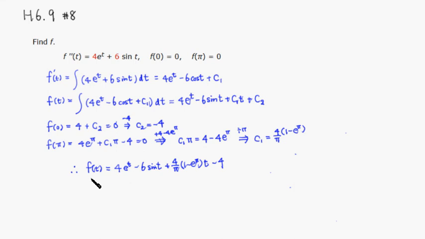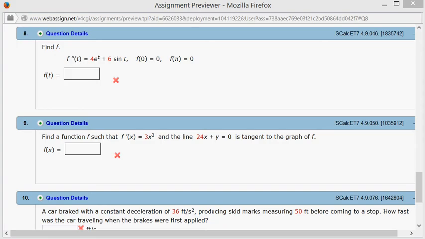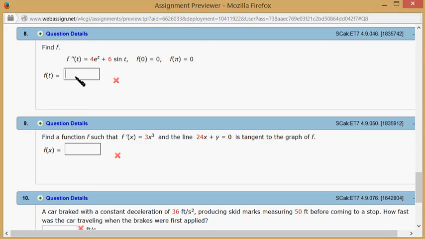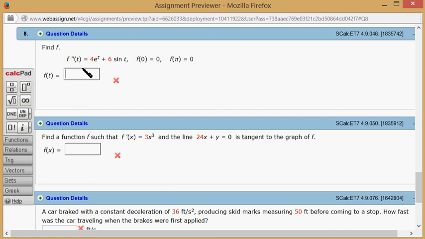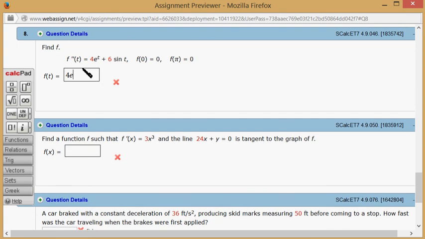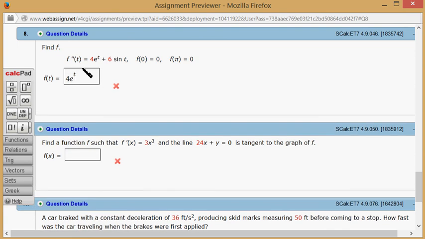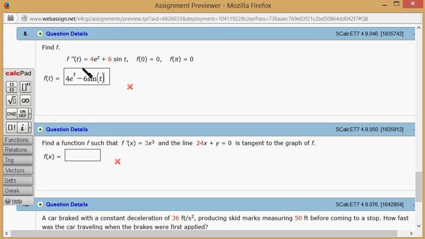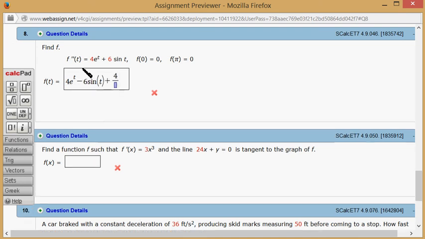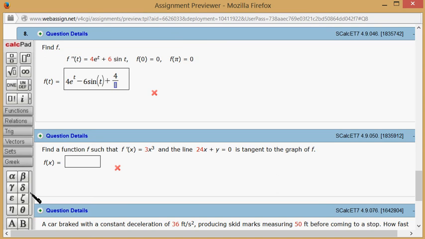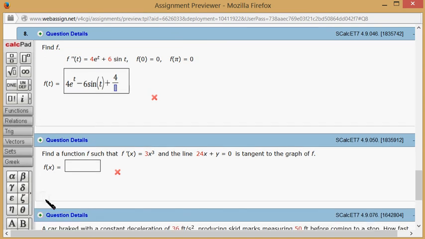All right, so let's type it in. What we found was 4e to the t minus 6 sine of t, and plus 4 over pi, and the pi we have to type as a Greek letter, and pi would be right here.